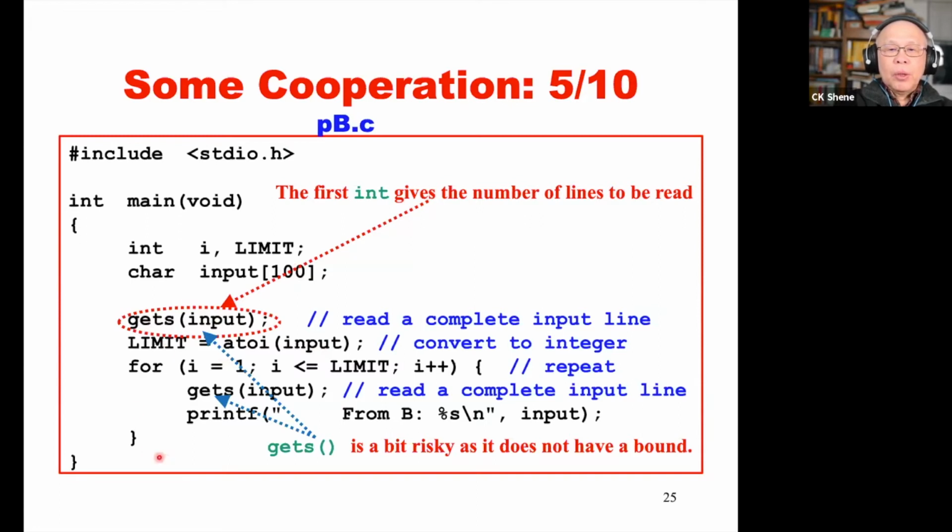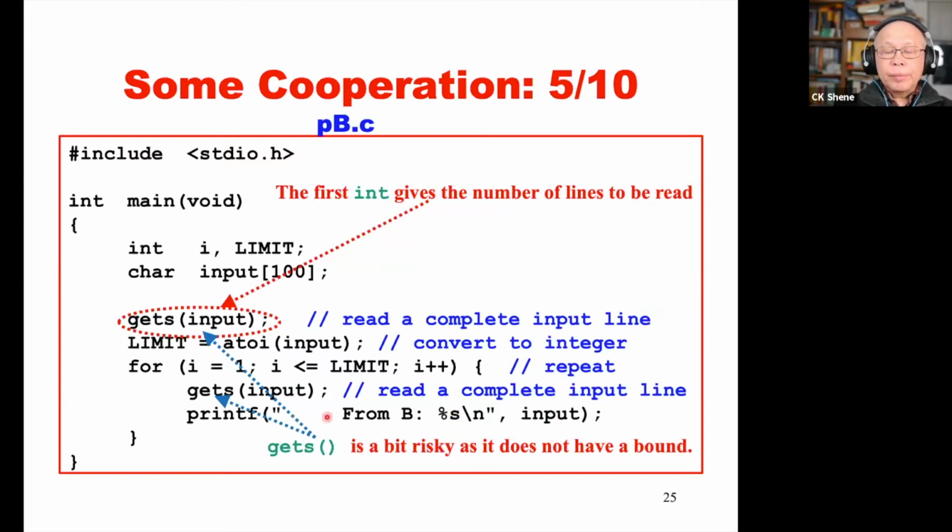Then we loop limit number of times. In each iteration, we use gets again to read a complete input line and then print it this way. So from B, the string we just read in with some indentation.